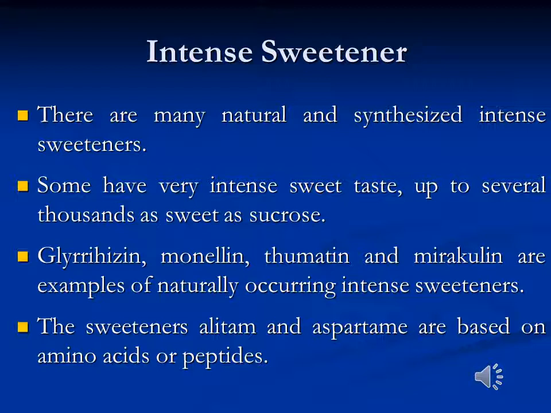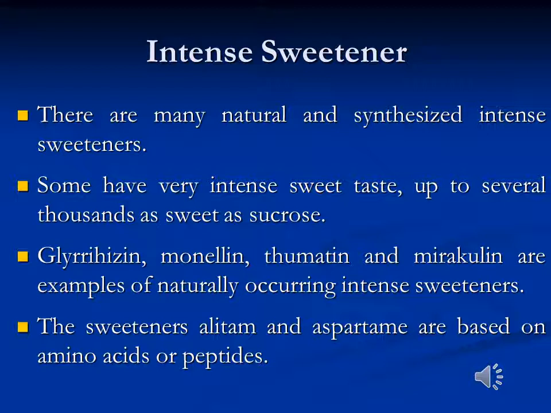Examples of naturally occurring intense sweeteners are glycyrrhizin, monellin, thaumatin, and mercurochrome. And there are also two very popular intense sweeteners based on amino acids or peptides, alitame and aspartame.